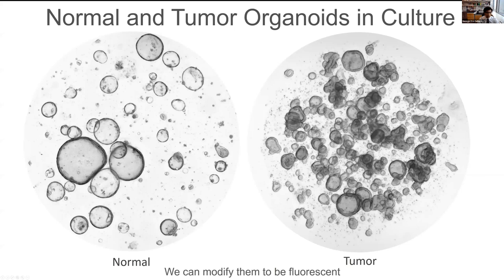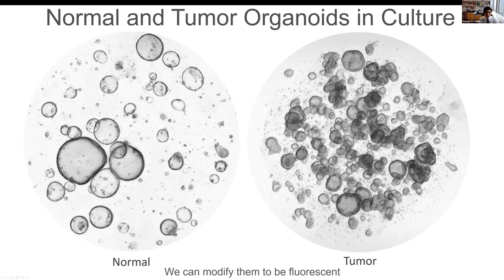On the left, you can see how the normal crypts have a very balloon-like and cyst-like architecture and shape. On the right, the tumor ones, though they also have a cyst-like and spherical appearance, have some misshapen and unusual features and sizes. And they actually grow at an increased density compared to the normal, because the cells are much more clonogenic, or have the capacity to renew themselves.